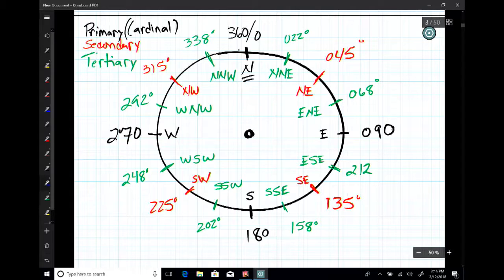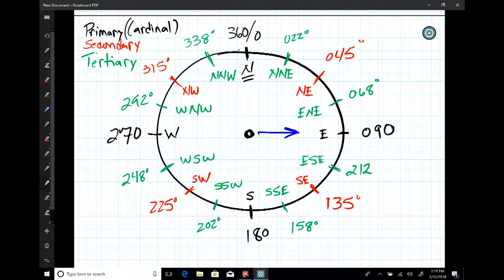Just the same way, if you were standing on that dot and someone told you that your winds are 090 at 10, what that would mean is that if you're standing in that center circle facing 090, the wind would be in your face. So it is coming from 090. But if you're flying a heading of 090, what direction are you flying? East, right? Because remember, direction is a word, heading is a three-digit number.